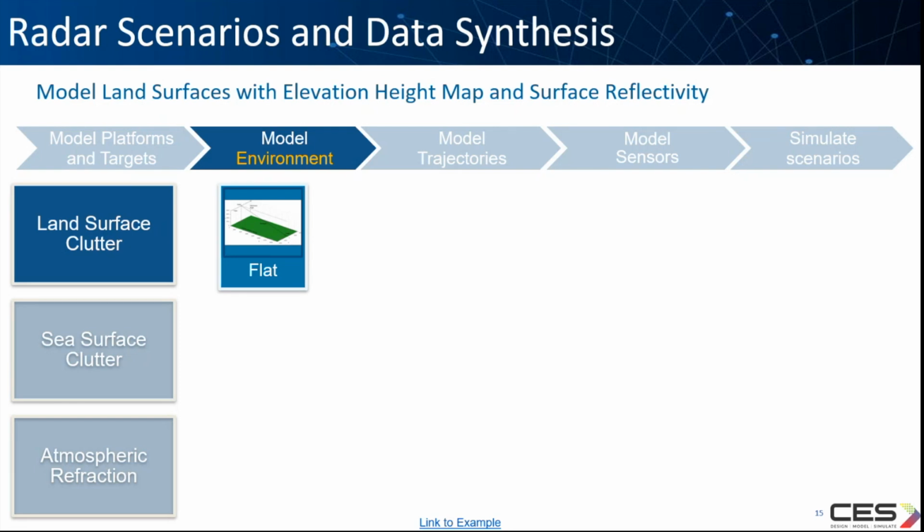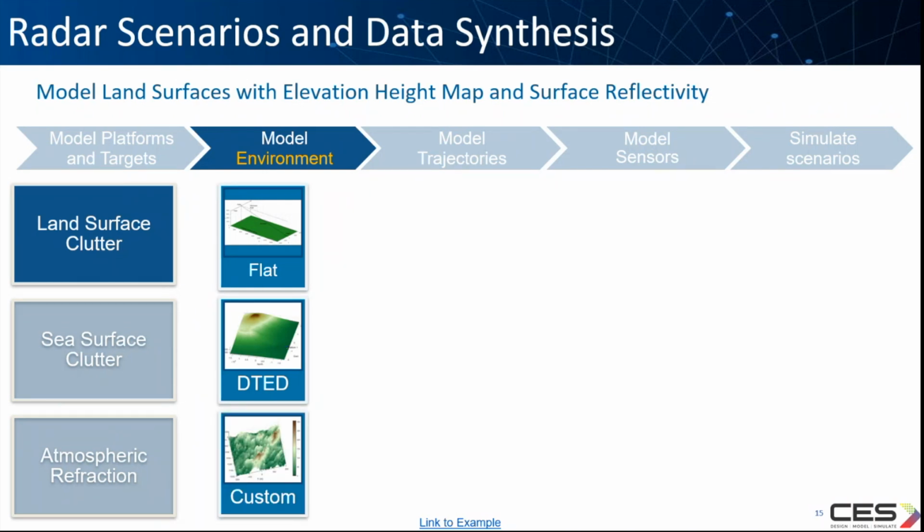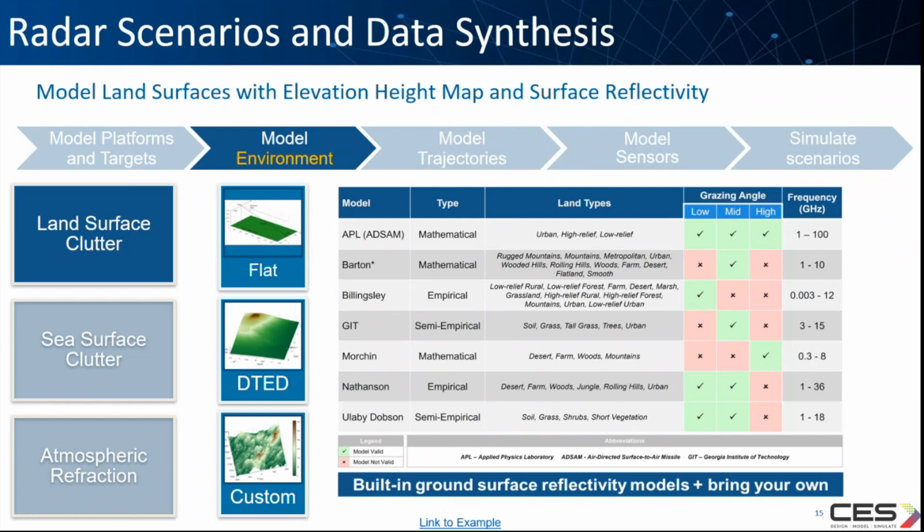You can model a flat surface, you can use digital terrain data, or you can also include a custom terrain that you can import to your MATLAB and Simulink projects. Also, you can use a custom model, and this table shows you different models that can be used with Radar Toolbox.